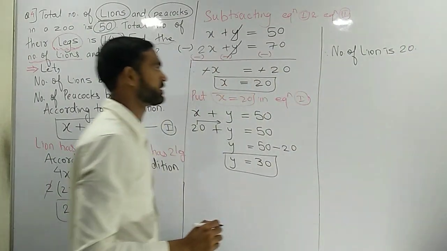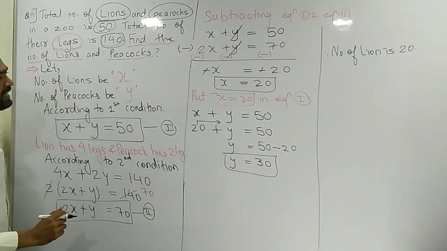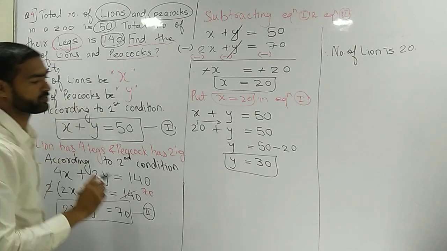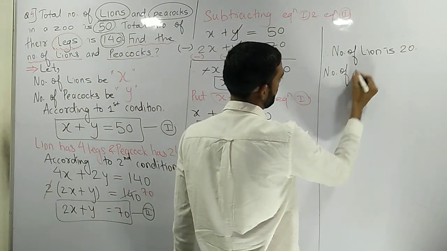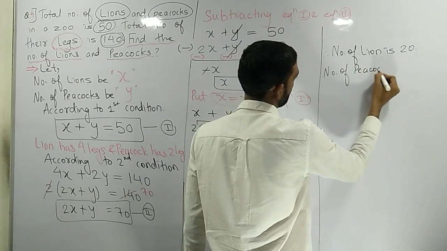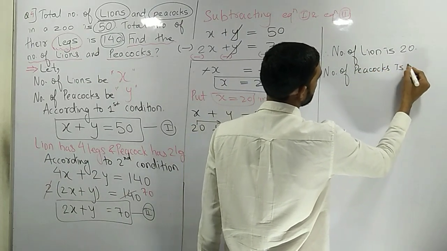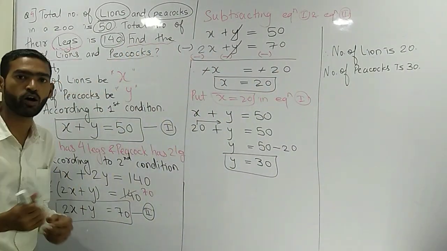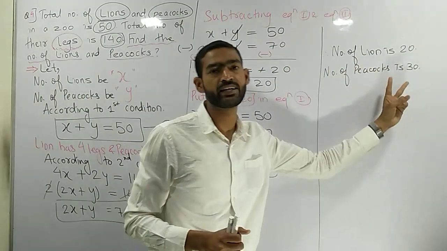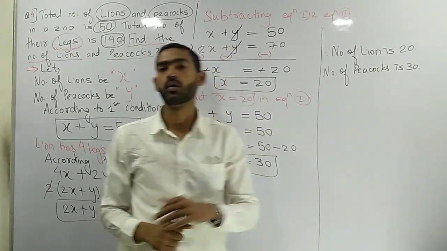Number of lions. Similarly, the last is what? Number of peacocks is how much? Y. The number of peacocks is 30. So this way we got the exact number of animals. 20 are lions and 30 we got peacocks.